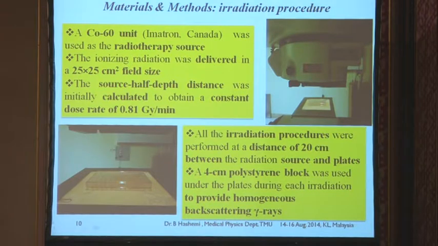All the radiation procedure, as you see in this slide, was performed at a distance of 20 centimeters between the source and the plates in which the cells were located. And a 4 centimeter block was used to provide a uniform dose distribution.